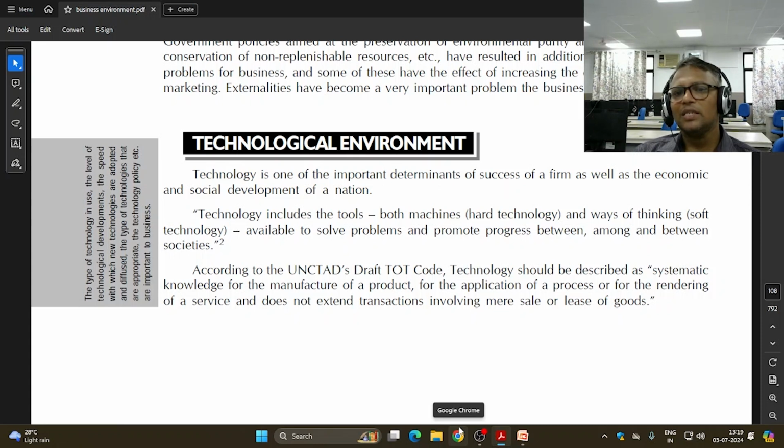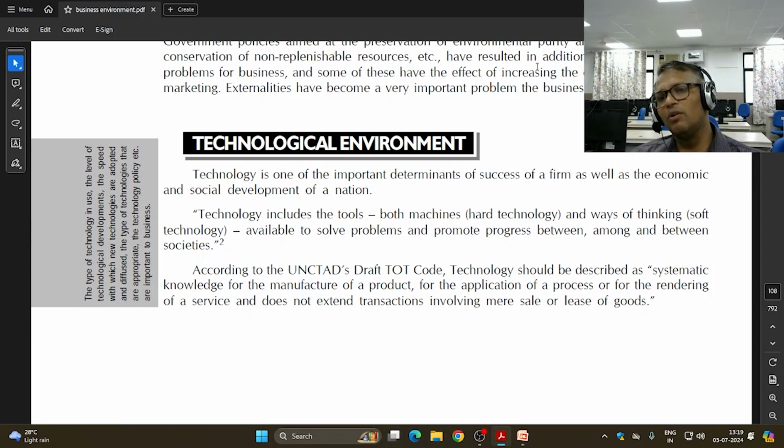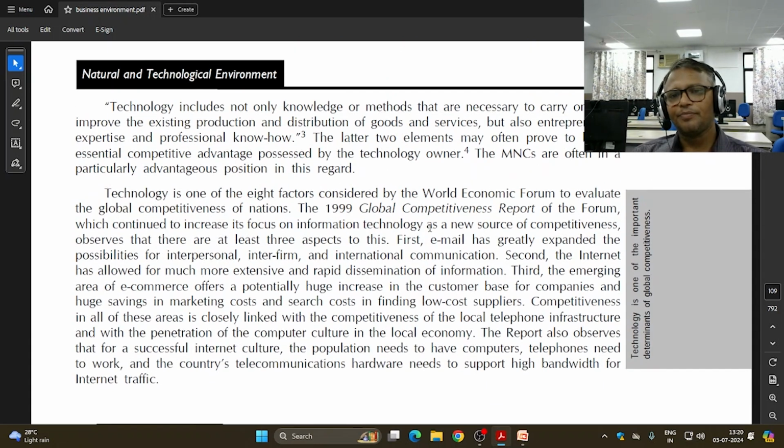According to UNCTAD's draft, technology could be described as systematic knowledge for the manufacture of a product, the application of a process, or the rendering of a service, and it does not cover transactions involving the sale or lease of goods. The type of technology in use, the level of technological development, and the speed with which new technologies are adopted and diffused are important to businesses.